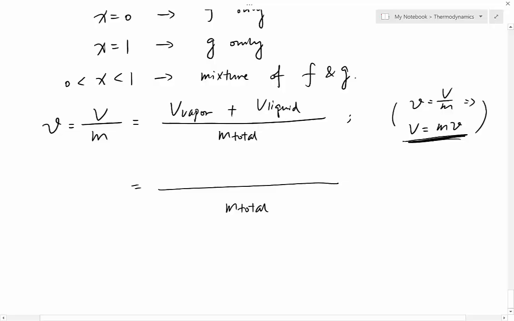Volume is equal to mass times nu, and this time it's for vapor. And then we do the same thing to rewrite the second term in the numerator, which is volume of the liquid. Volume can be rewritten to mass multiplied by nu, and this time it's for liquid.